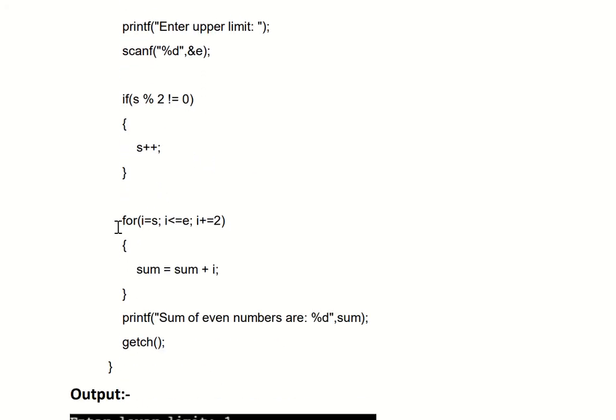Now the for loop, the main part of this program: for i equal to s, i less than or equal to e, and i plus equal to 2. What does this mean? It will increment the value of i by 2 every time, not by 1. So we start with i equal to s. What is the value of s right now? 2.